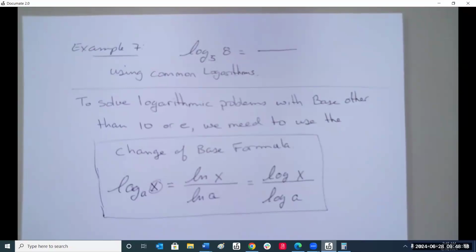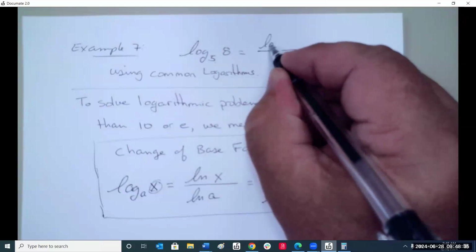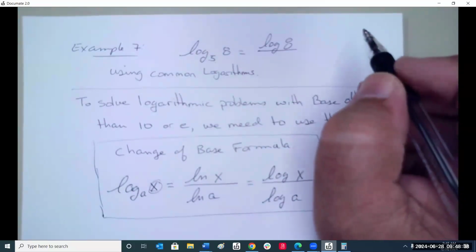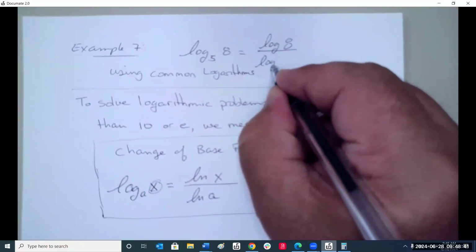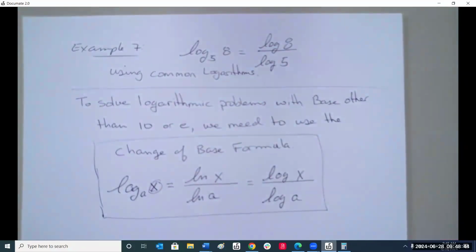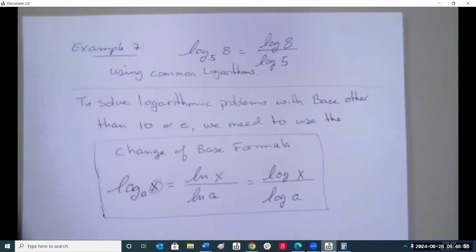So how would we write that? Perfect. That's it. Because this is the common log, this is the natural log.